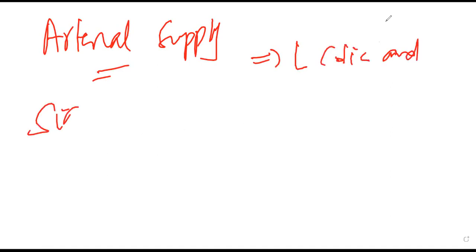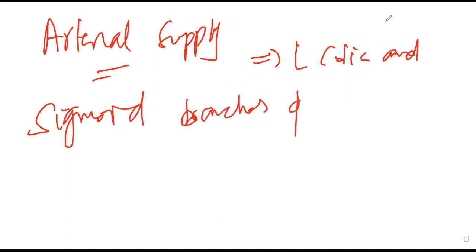Okay, now comes the arterial supply and the venous supply of the descending colon. So arterial supply. The left colic and sigmoid branches of the inferior mesenteric artery supply oxygenated blood to the descending colon.